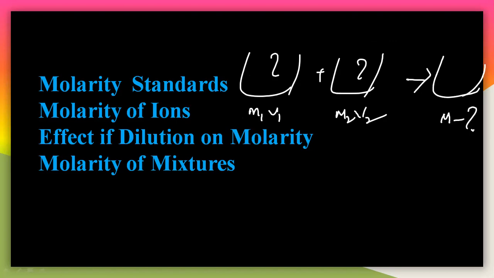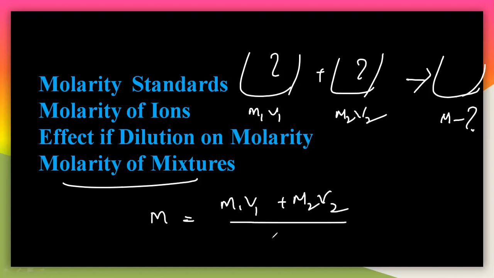When you are adding two solutions with known molarity, M1V1 and M2V2, the resultant molarity, remember this formula, M is equal to (M1V1 plus M2V2) by (V1 plus V2).